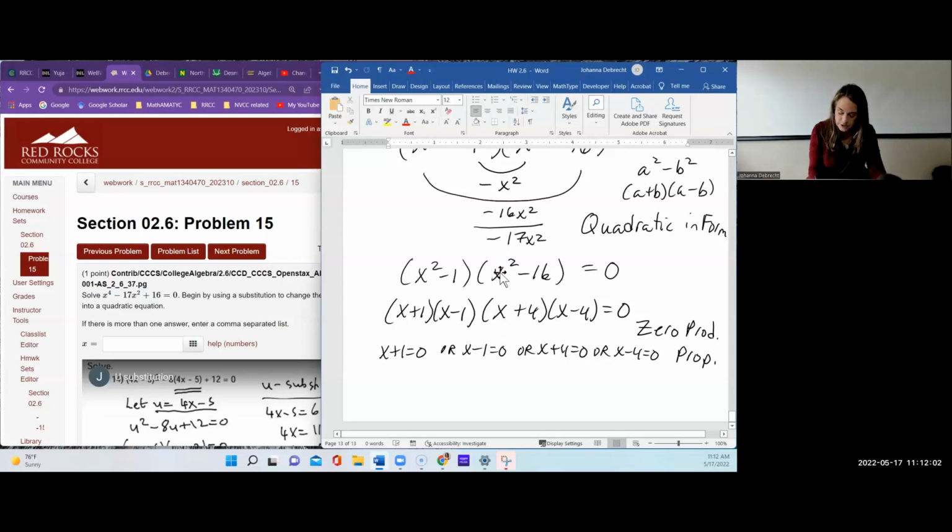This gives me different solutions of x equals -1, x equals 1, x equals -4, and x equals 4. I think I got all of those in there correctly. And these would be our solutions to this problem. Let's put them in and see how we did.